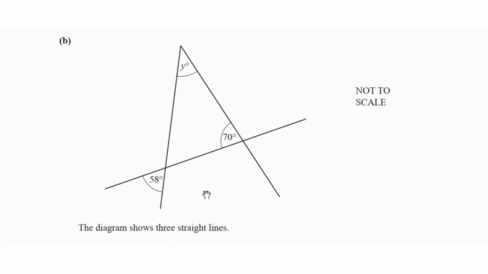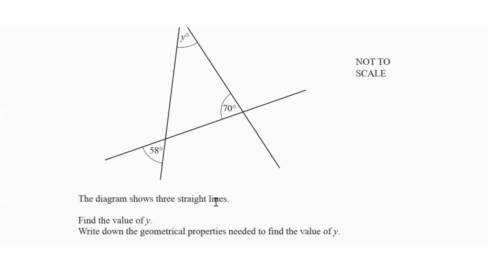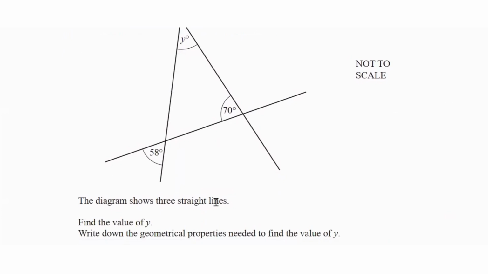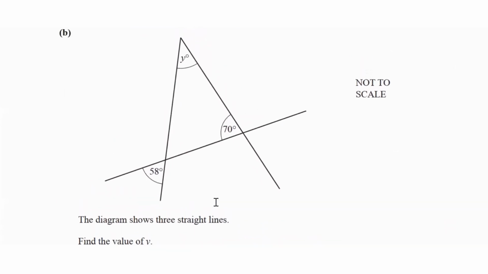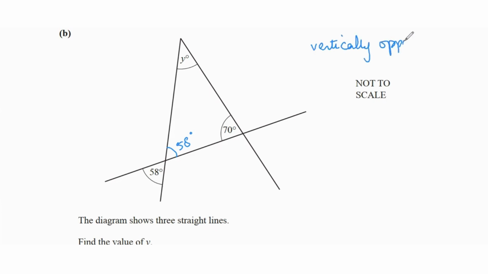Part B says the diagram shows 3 straight lines. Find the value of y. Write in the geometrical properties needed to find the value of y. So for y, firstly, this is going to be 58. Why? Because vertically opposite angles are equal. So that is the first reason.